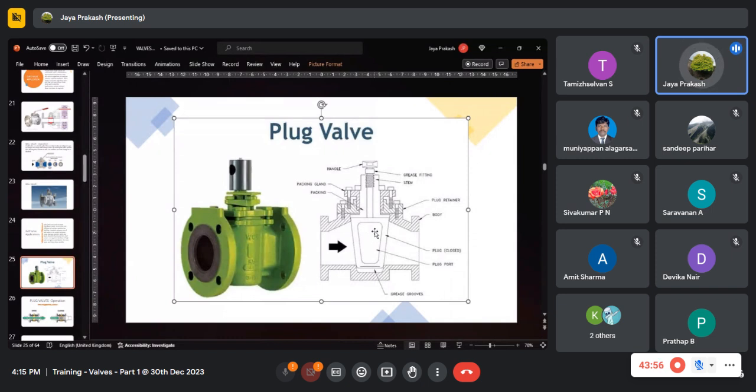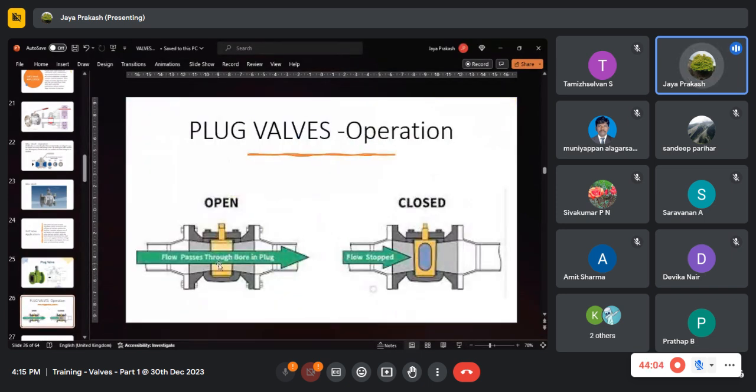Instead of a ball, we have a wedge-like, plug-like arrangement here. Similar to the ball, when the plug opening is aligned to the bore, the flow passes through it. If it is turned 90 degrees, it will block the flow. That's all. This is called a plug valve.